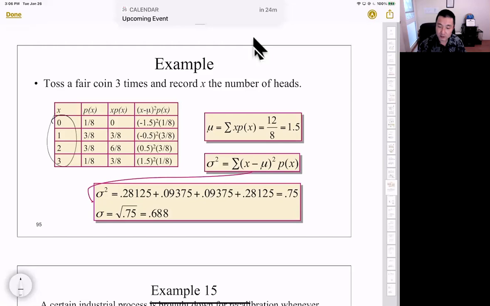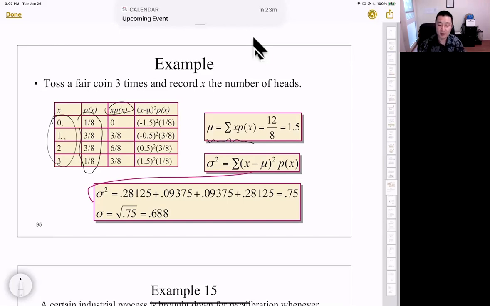Based on the equation of the mean value, the mean is the sum of x times P(x). For example, 0 times 1/8. This is x times P(x). The other one, 1 times 3/8, that's 3/8. So summing them, the mean value is 1.5.